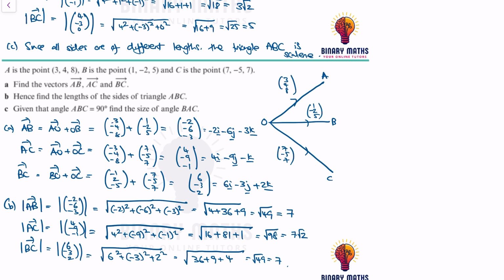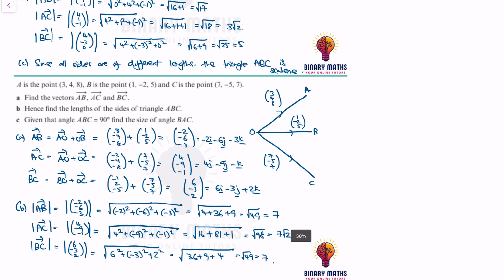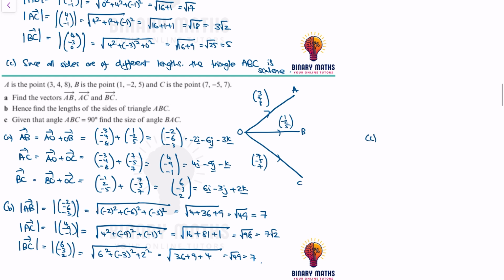Given that angle ABC is equal to 90 degrees, find the size of angle BAC. So we know that angle ABC is 90 degrees. But we also know AB is 7, AC is 7 root 2, which is the hypotenuse, and BC is 7.